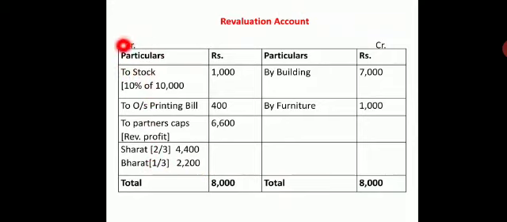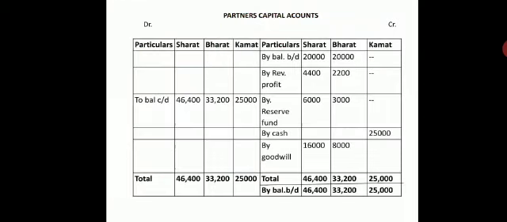After revaluation, we are going to prepare the partners' capital account. In the partners' capital account, we draw 8 columns in total, because 2 columns for particulars, one on the debit side and one on the credit side, and the respective partners' amount columns on both sides.